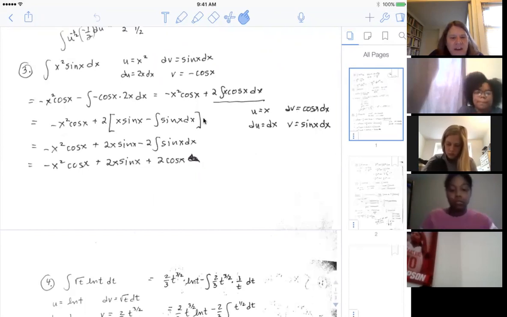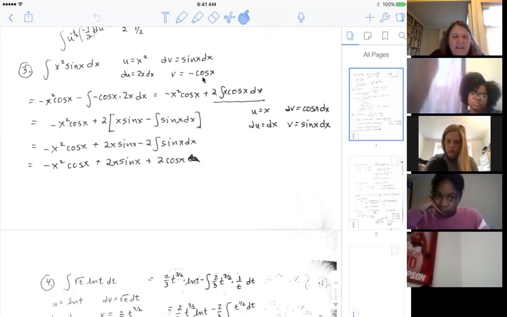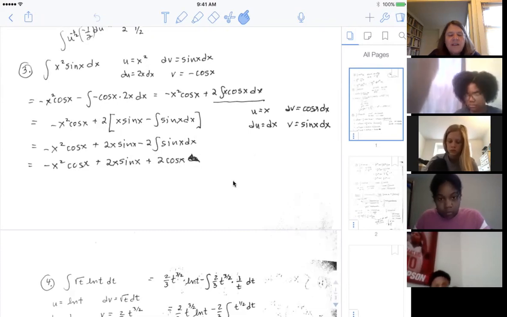Went down this road right here. You had one more thing to integrate, and Dion, you got all the way down here, and then I think you just looked at that and forgot to integrate it. That was minus 2 sine x. The integral of sine x is minus cosine x, so there was plus that. I should have put a plus c on it, and I didn't. But anyway, everybody was pretty good with that until the minor error at the end where you forgot to integrate that last thing.